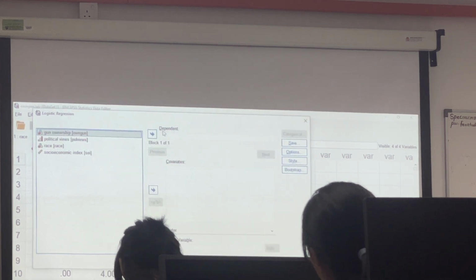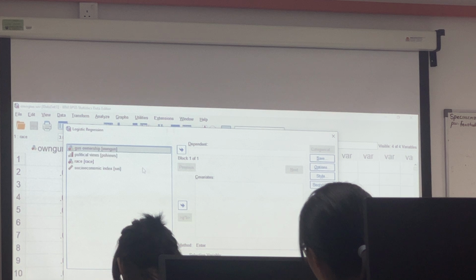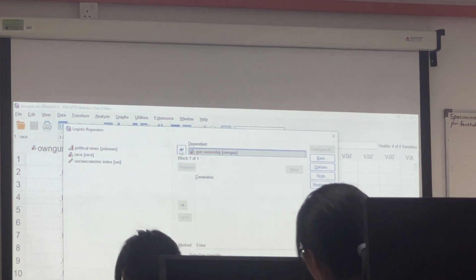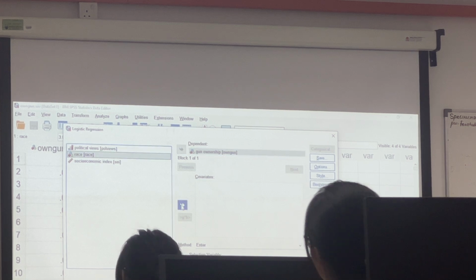Now you choose your dependent variable, gun ownership, and the independent variables, race and SEI.